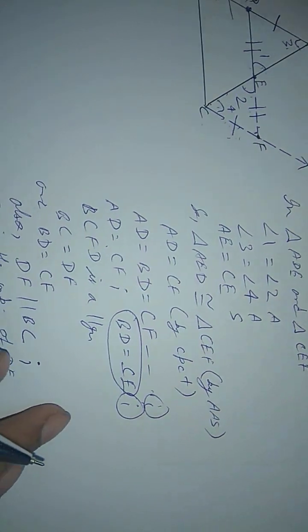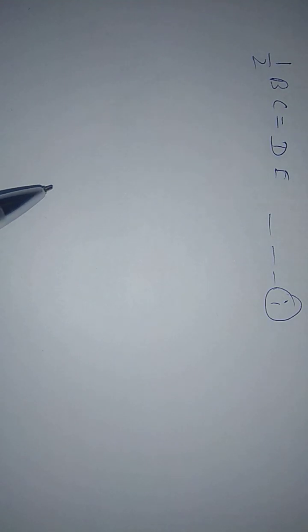Now from this we can say that half of BC is equal to DE. Here we have proved our first point.